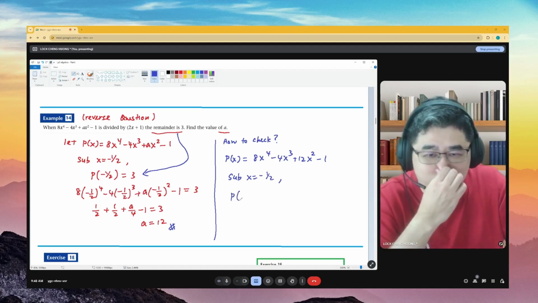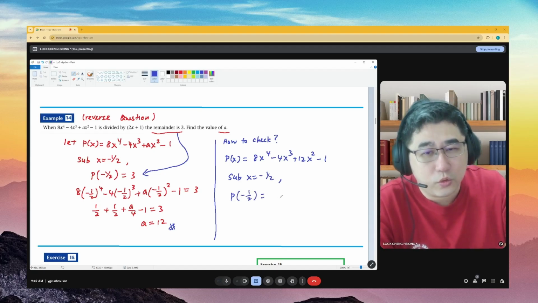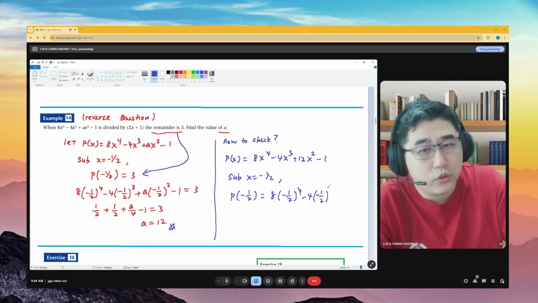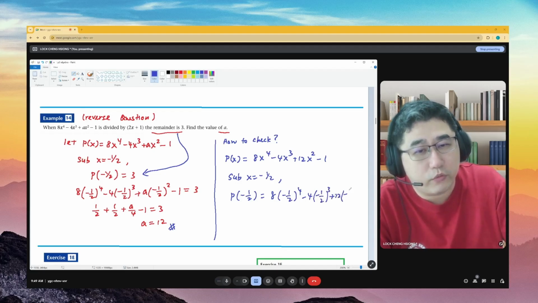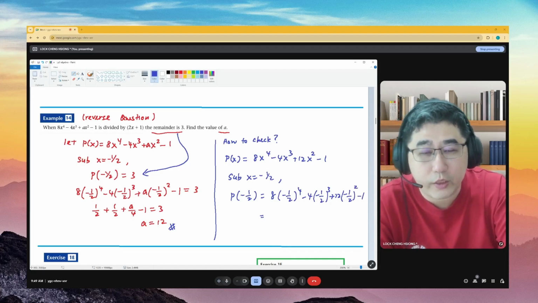So p of negative 1 over 2 here. You just need to press your calculator. Negative 1 over 2 to the 4 minus 4 times negative 1 over 2 cubed plus 12 times negative 1 over 2 squared minus 1. So I check with my calculator.